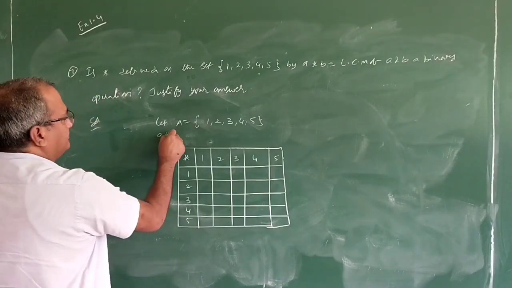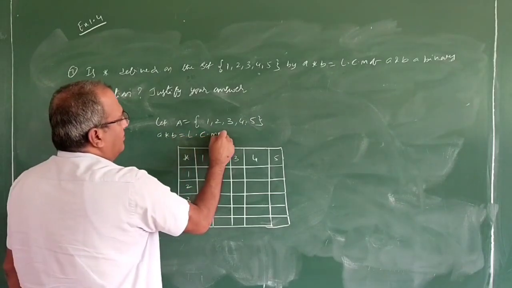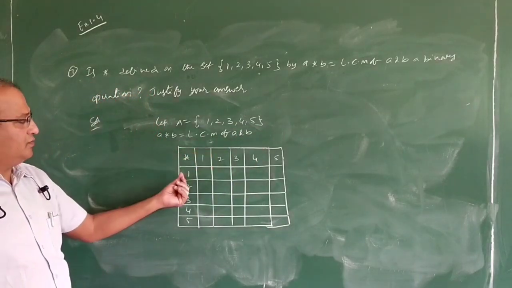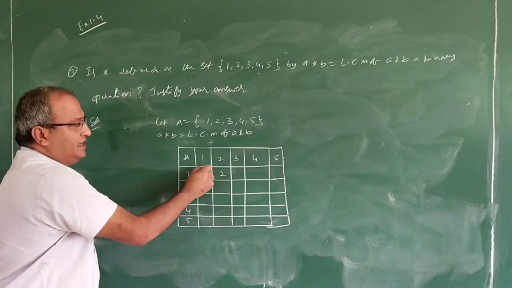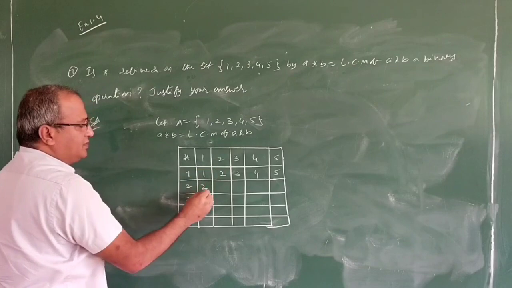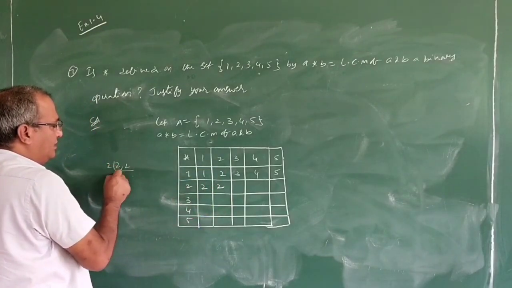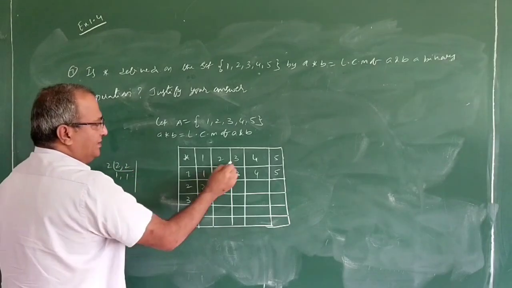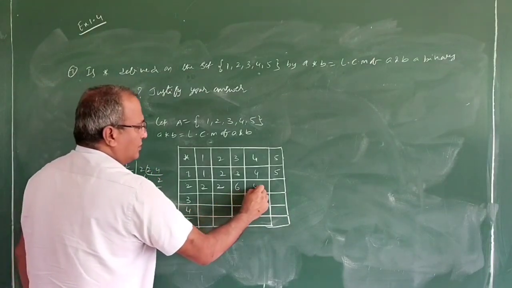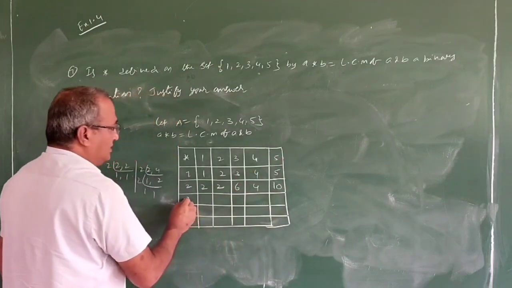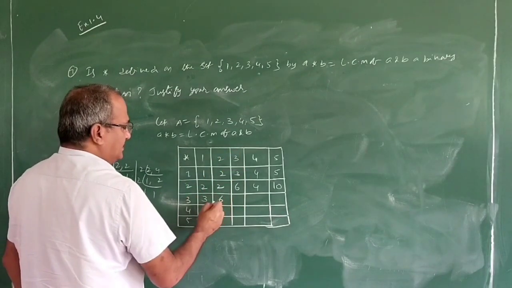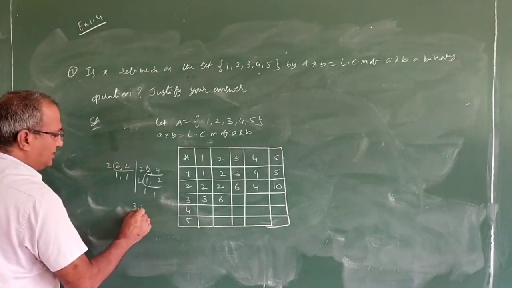A star B is equal to LCM of A and B. So 1 and 1 LCM is 1, 1 and 2 LCM is 2, 1 and 3 LCM is 3, 1 and 4 LCM is 4, 1 and 5 LCM is 5. Then 2 and 1 LCM is 2, 2 and 2 LCM is 2, 2 and 3 LCM is 6, 2 and 4 LCM is 4, 2 and 5 LCM is 10. Then 3 and 1 LCM is 3, 3 and 2 is 6.